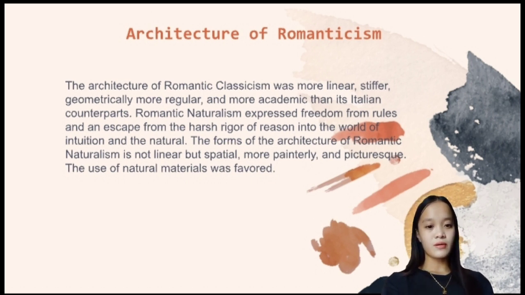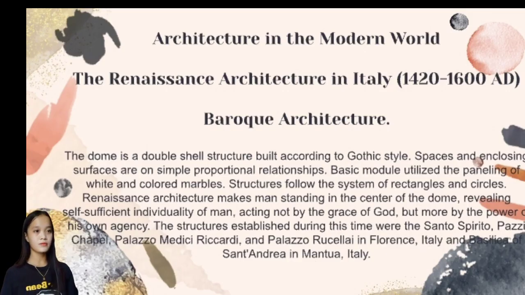This new architecture was made possible through the availability of new building materials, iron and steel, that revolutionized the whole building industry. Examples of the architecture of engineers are the Seven Bridges of England and Wales and the bridges over the Menai Strait. So the next one is architecture in the modern world.